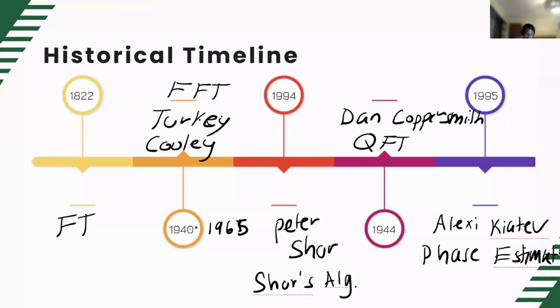A lot of this is a little bit confusing because again, Peter Shor's algorithm already used phase estimation, but it wasn't really formalized until Alexei Kitaev came in 1995 to build the language that we use to this day. So he's a very important figure in this as well.